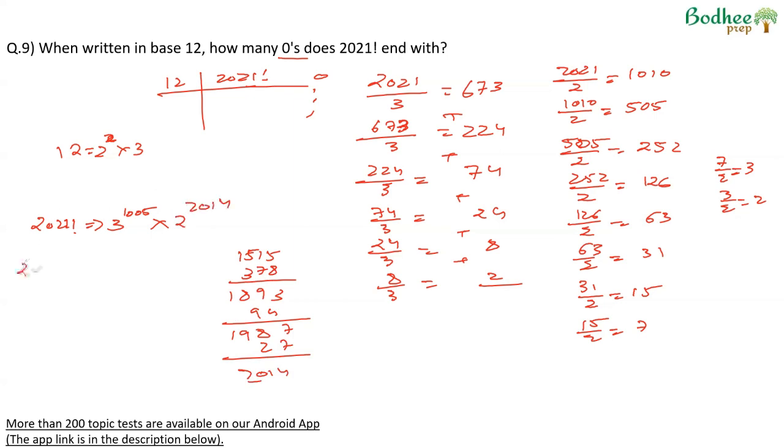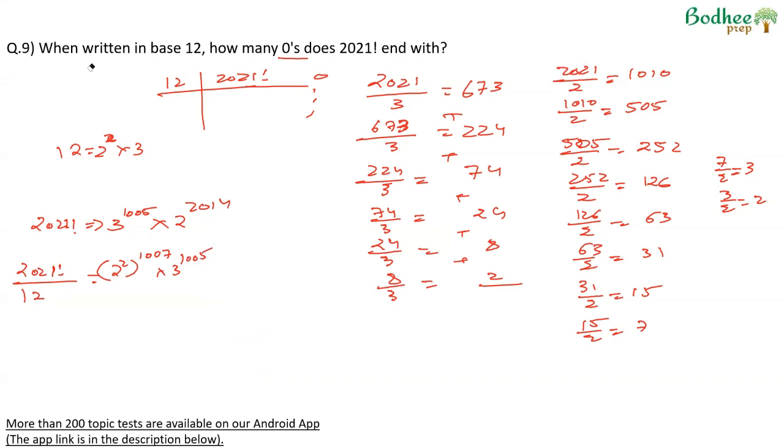Now if we have to divide 2021 factorial by 12, we will have 2 squared raised to power 1007 into 3 raised to power 1005. Then there will be other numbers as well, but they are immaterial because we are dividing by 12. So we are looking at 2 square and 3 only. Suppose the power of 12 is n.